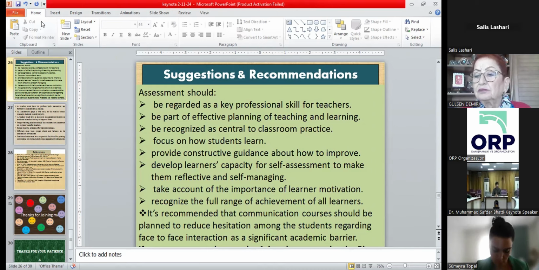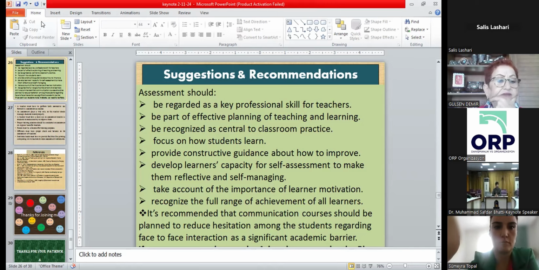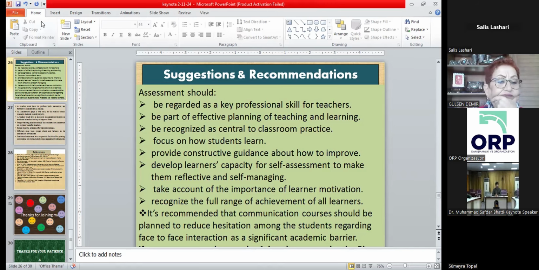Take account of the importance of learner motivation, recognize the full range of achievement of the learners. It is recommended that communication courses should be planned to reduce hesitation among the students regarding face-to-face interaction as a significant academic barrier.